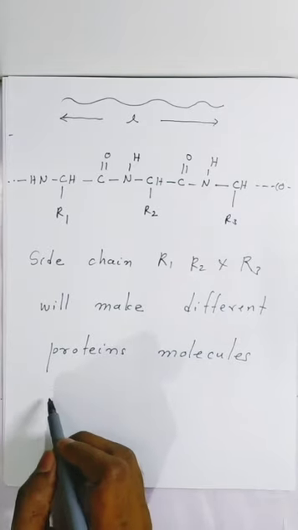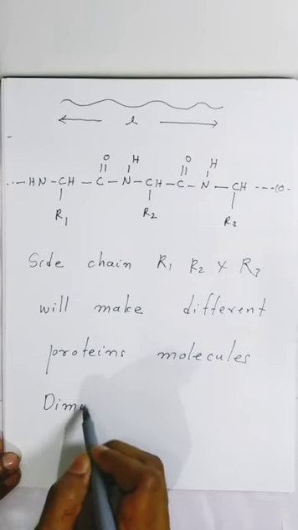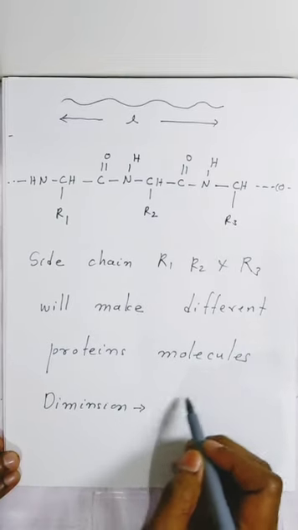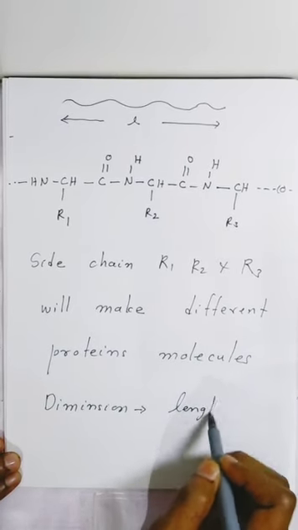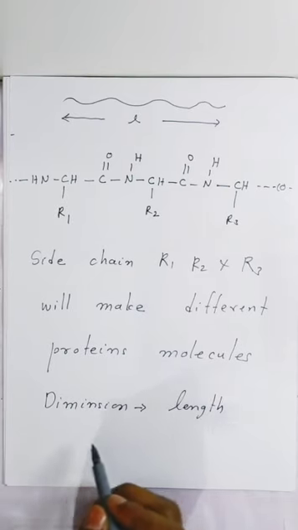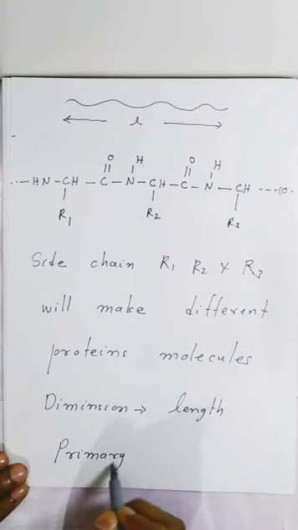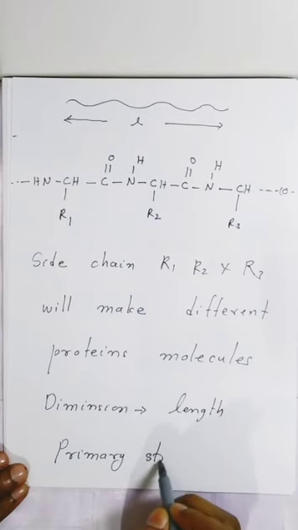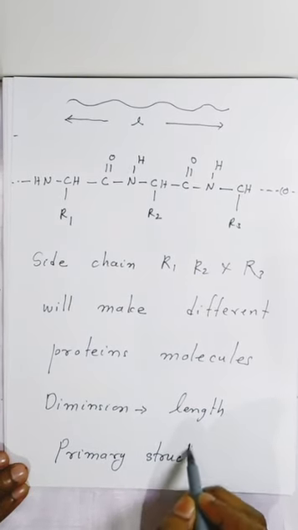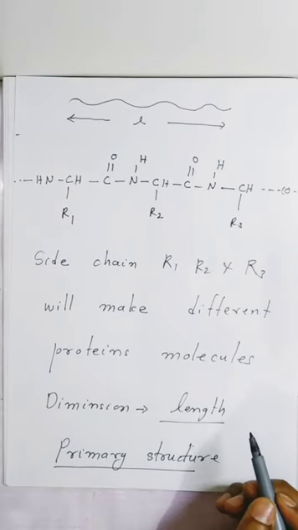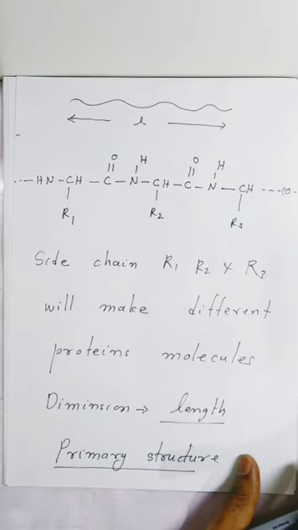It has only one dimension, only length is the dimension. That is why it is called primary structure, because it has only length.